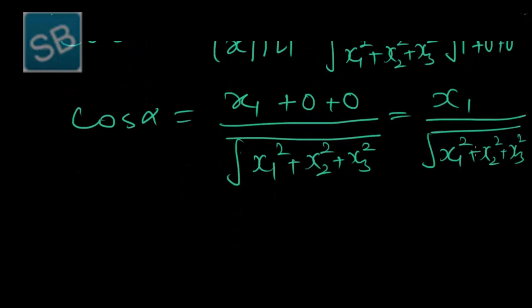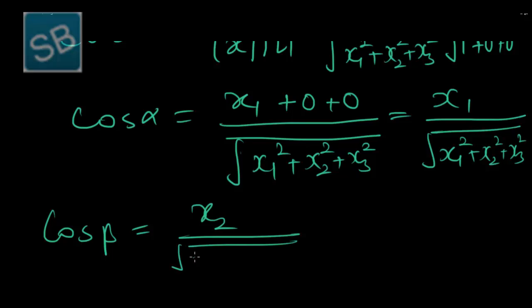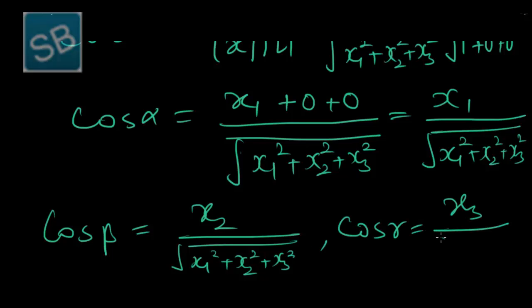Now, if beta is the angle between the y-axis and vector x, then cos beta is equal to x2 over under root x1 square plus x2 square plus x3 square, and cos gamma is equal to x3 over under root x1 square plus x2 square plus x3 square.